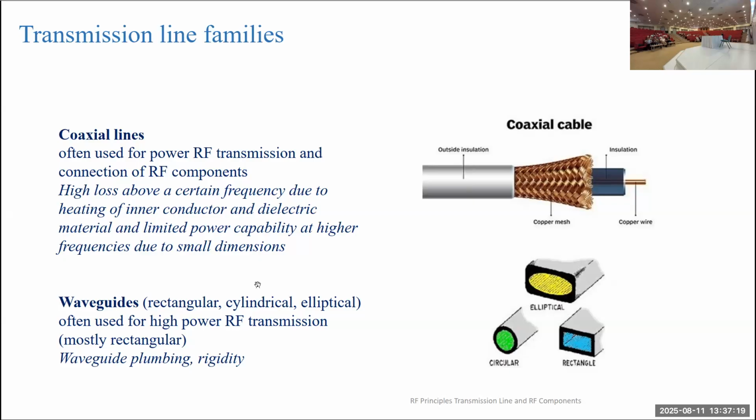So for high powers, coaxial cables cannot be used to transfer the power efficiently. The most important for high power transmission is waveguide assembly, which can be rectangular, cylindrical, or elliptical.